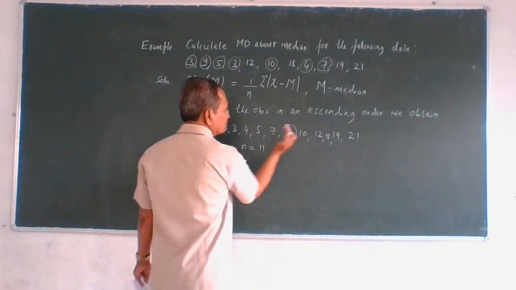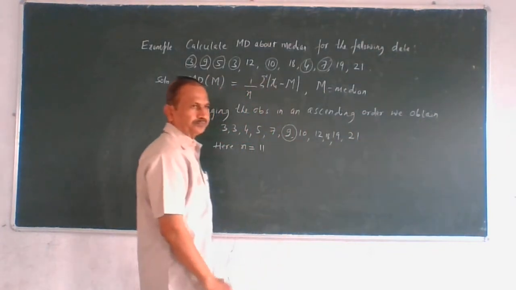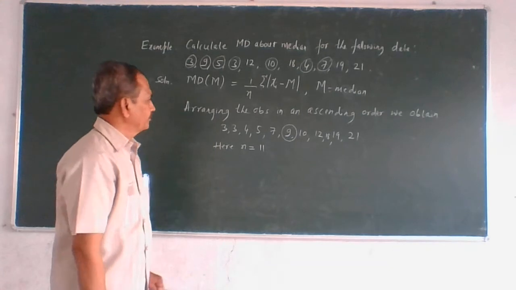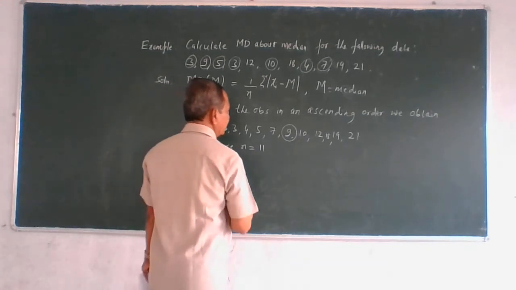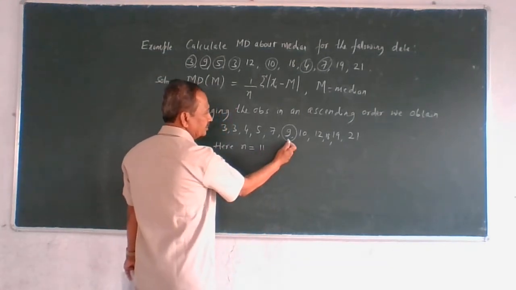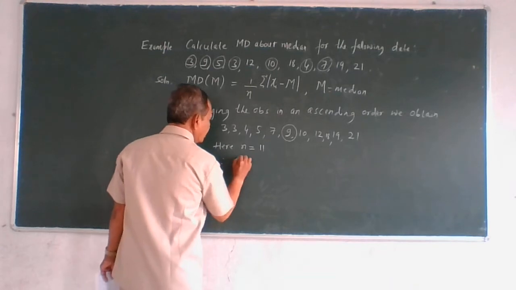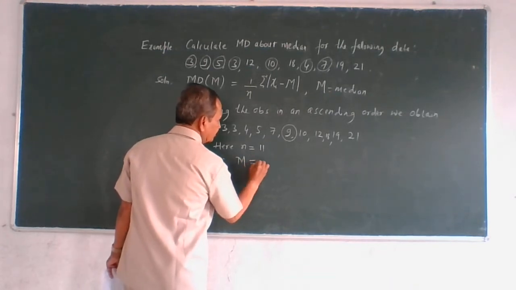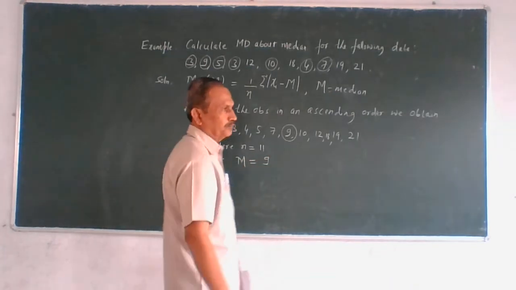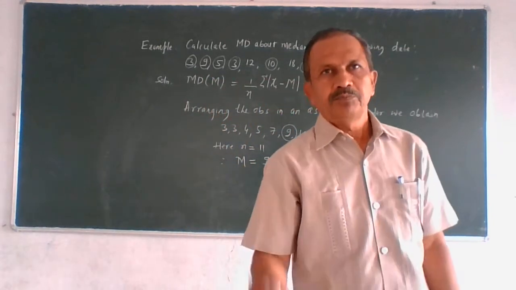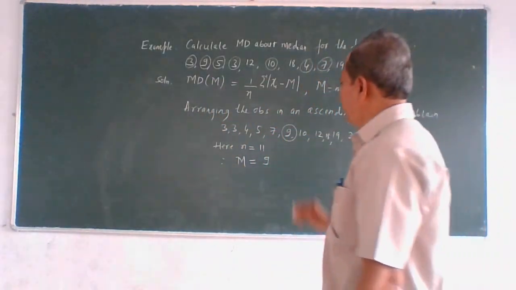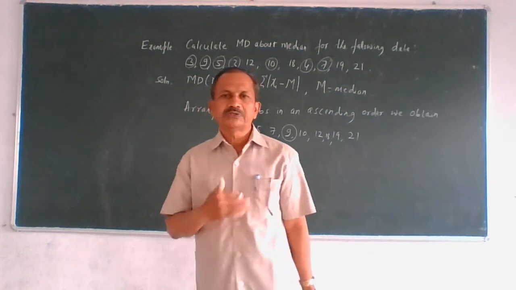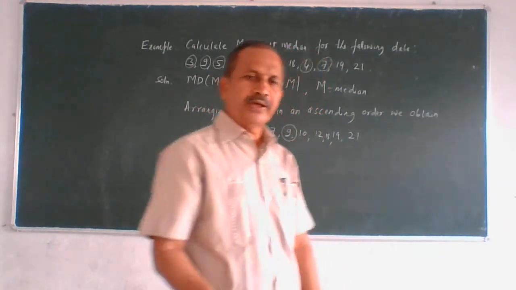Because on this side 5 observations, on this side 5 observations. Exactly the middle. So here n is 11. The middle observation is 9. Therefore, median m is 9. Median is the middle value when the observations are arranged in order of magnitude.